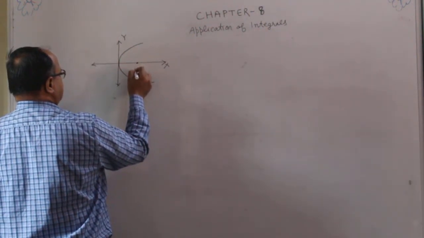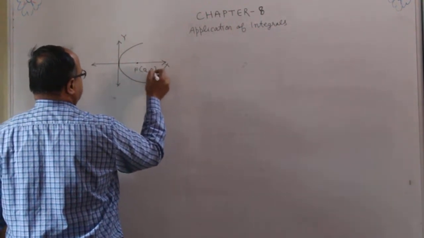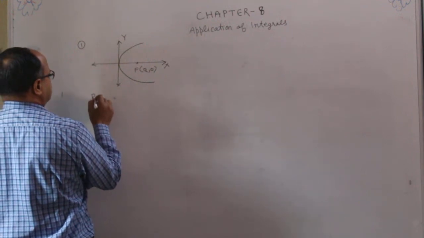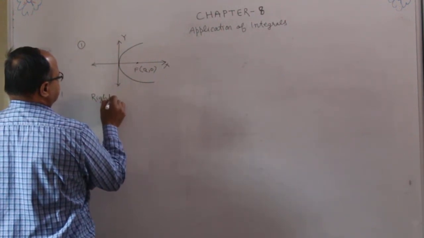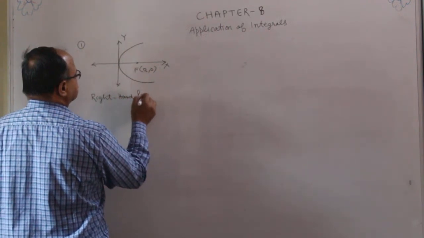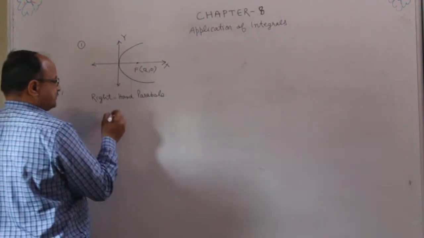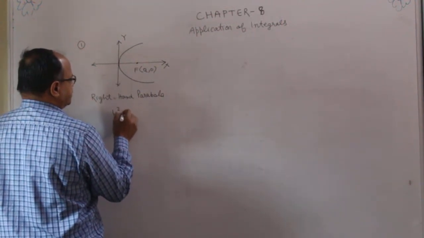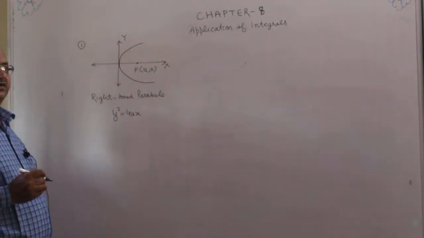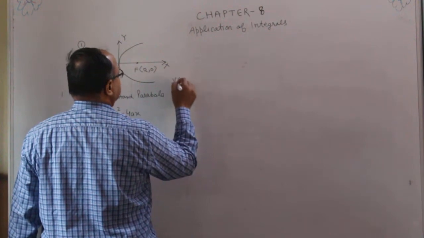In this parabola the coordinate of focus is (a, 0), and the equation of this parabola is y square is equal to 4ax, and the vertex of the parabola is (0, 0).